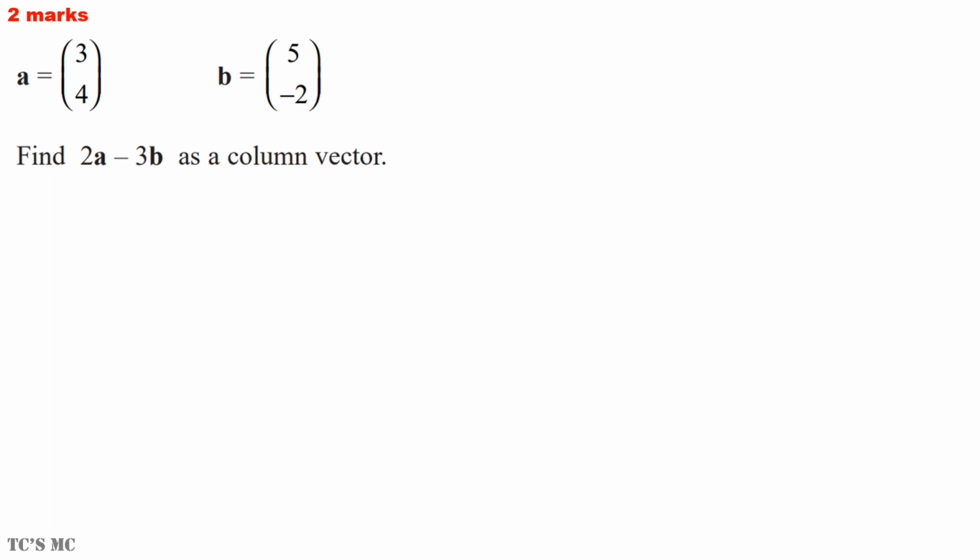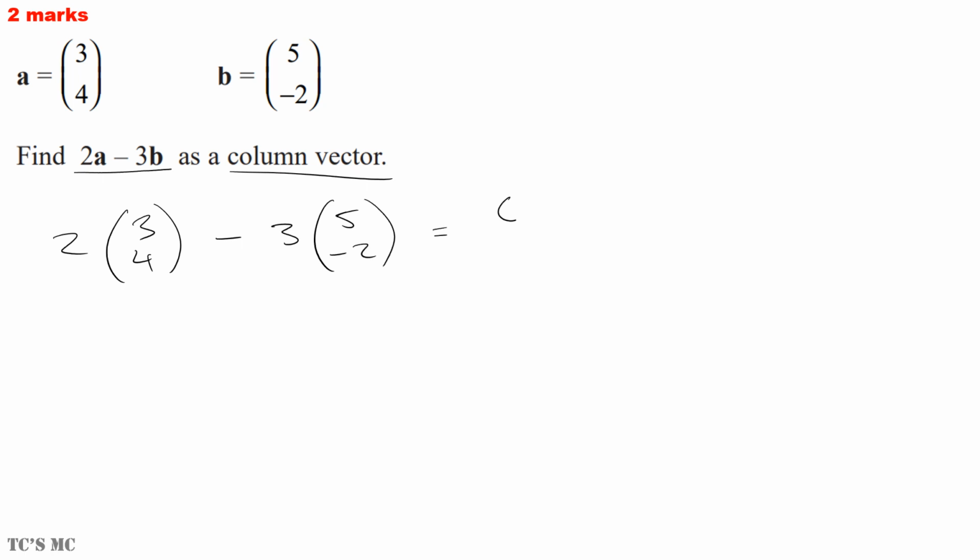Here are 2 vectors. Find 2a subtract 3b as a column vector. I am going to write 2 multiplied by (3, 4), subtract 3 multiplied by (5, -2). Now I can write (6, 8) subtract (15, -6).